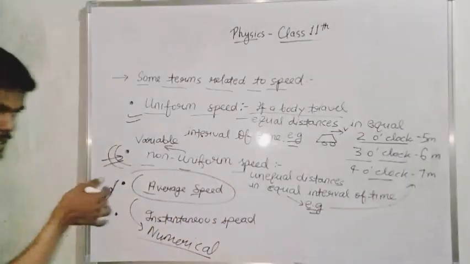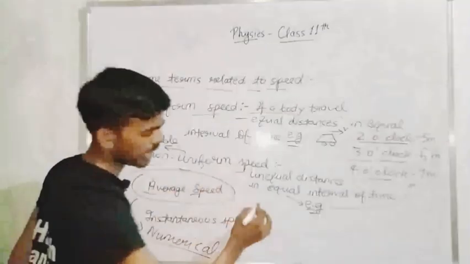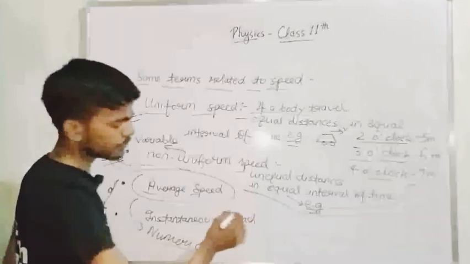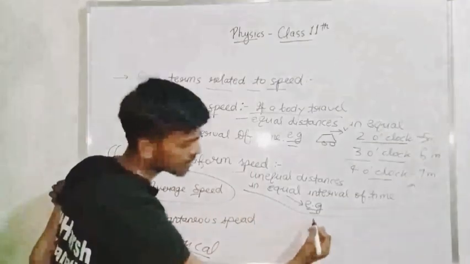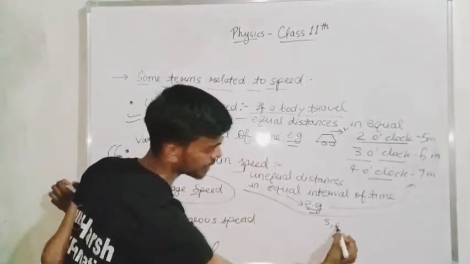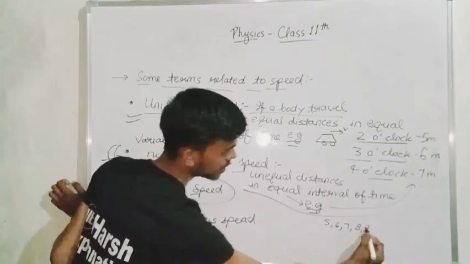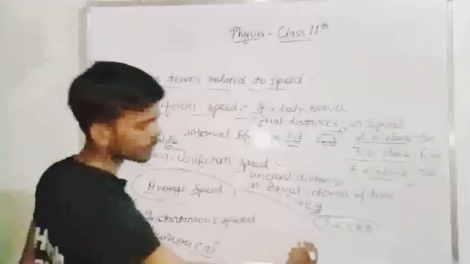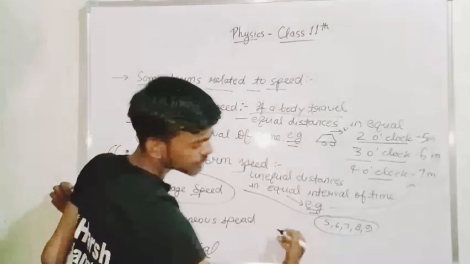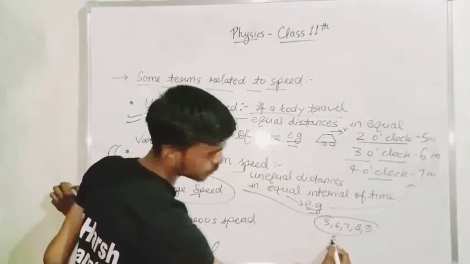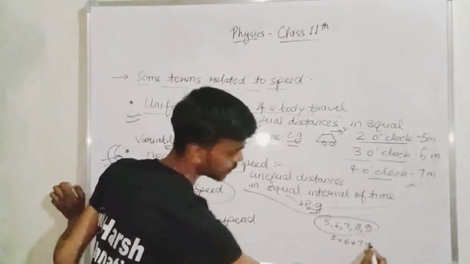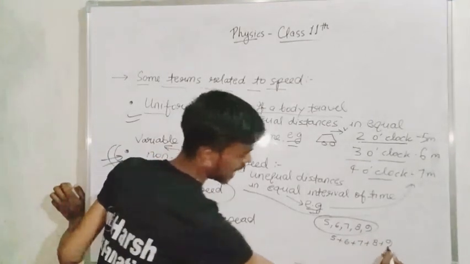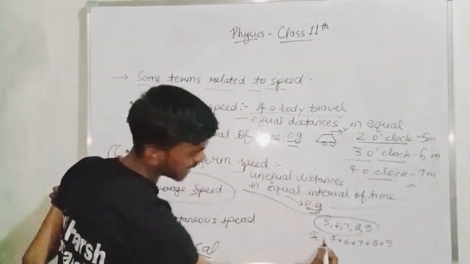What is average speed? I will give you an example. Whenever we have to find the average of something, suppose we have 5 numbers: 5, 6, 7, 8, 9, and we have to find their average. Then we sum up these numbers: 5 plus 6 plus 7 plus 8 plus 9, and we represent the average by x bar.